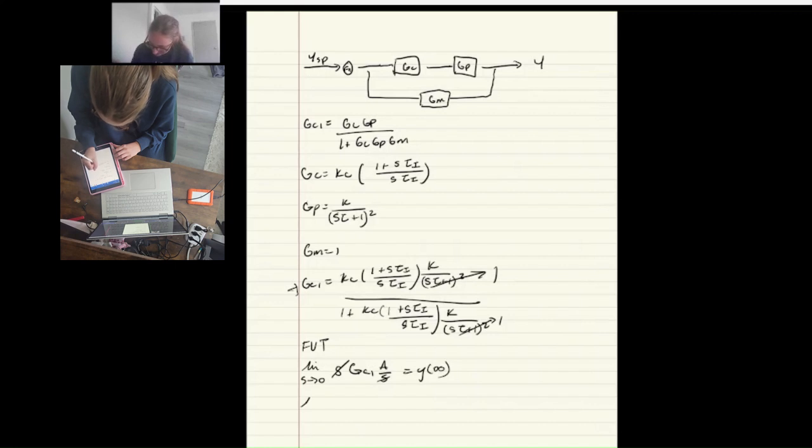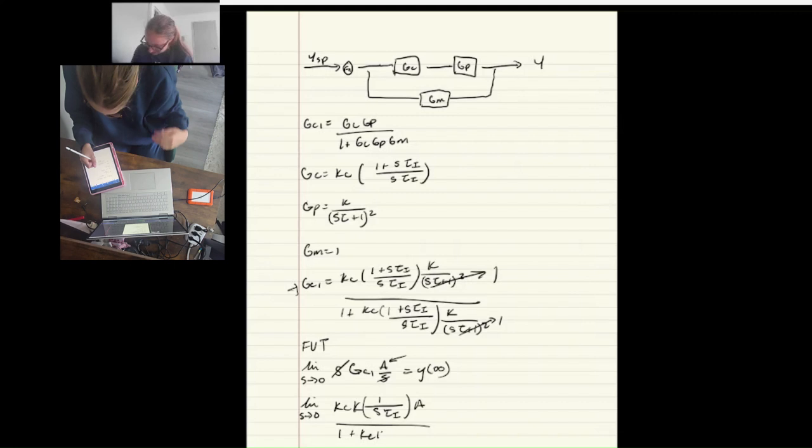As the limit as S approaches 0, we have KC, K, we have 1 over S plus tau I, and we have our A, because we have to multiply by this A here, over our 1 plus K, KC, times 1 over S tau I.